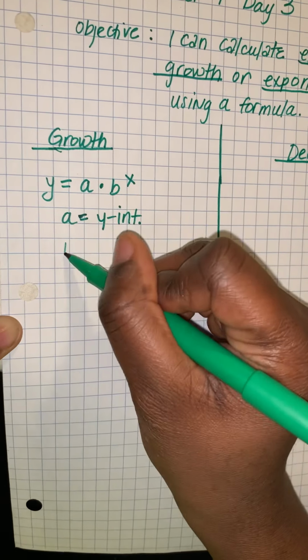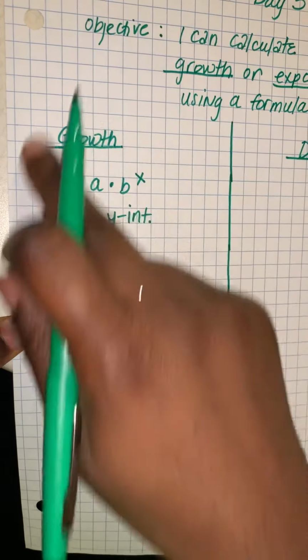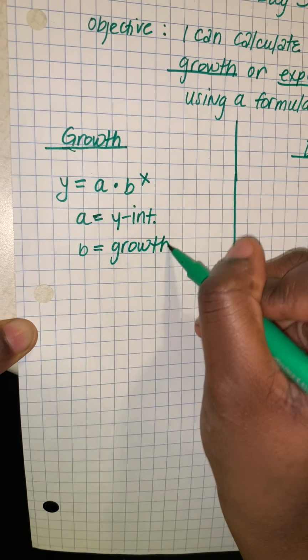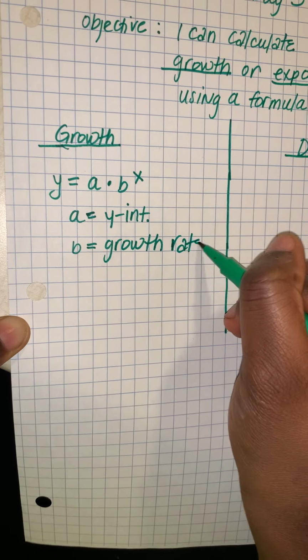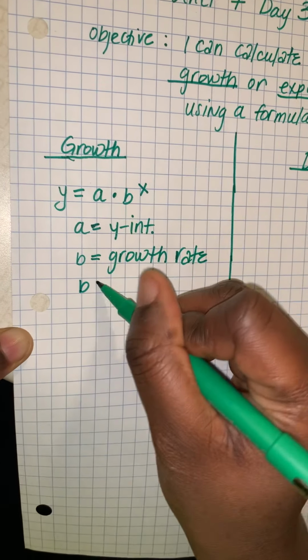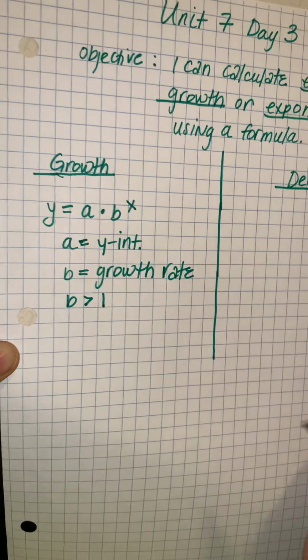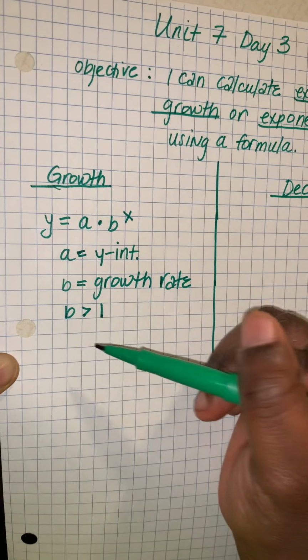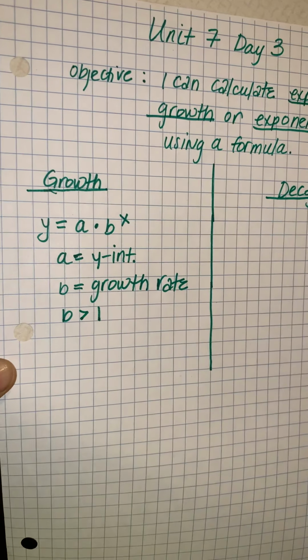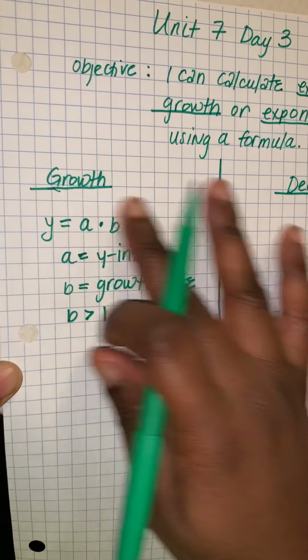We said that our b, in this case, since we're talking about growth, is the growth rate. And the way we'll know that from the formula is that our b is greater than 1. Once we see that our b is greater than 1, we know that we're talking about growth. When we see this formula, we know for a fact we're talking about growth when we're graphing this.